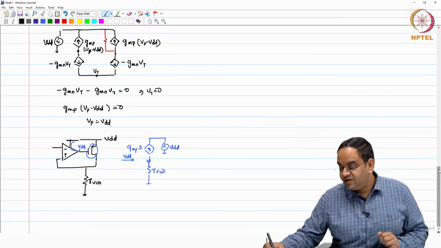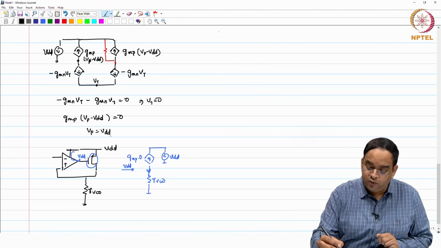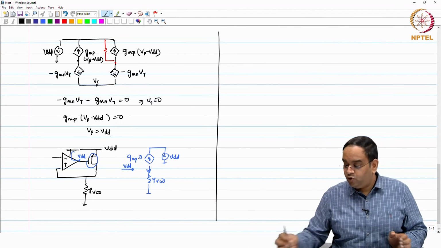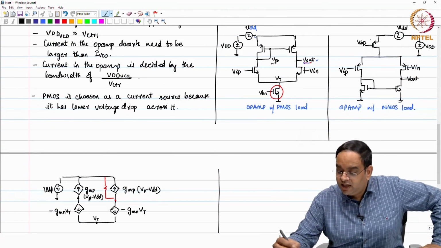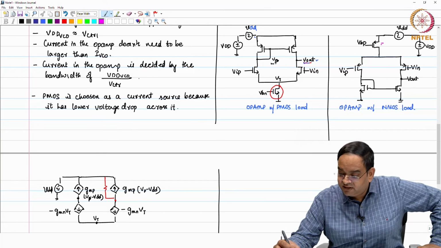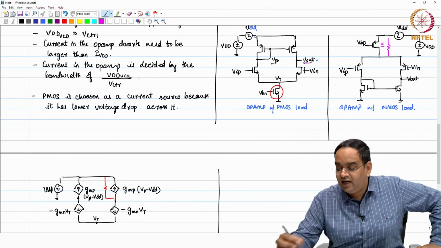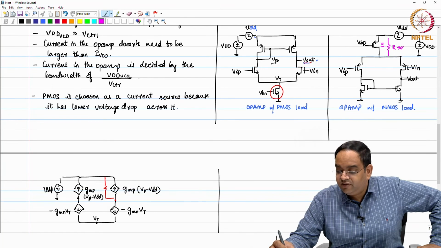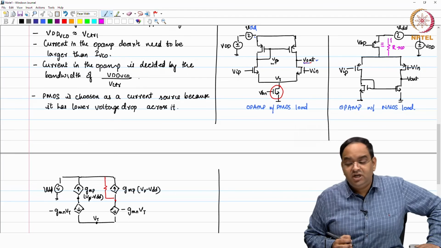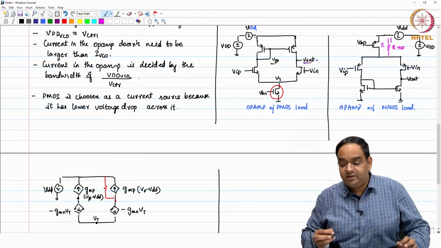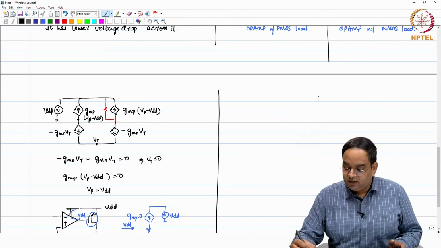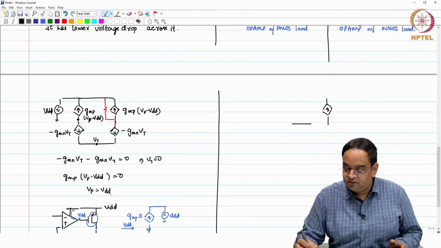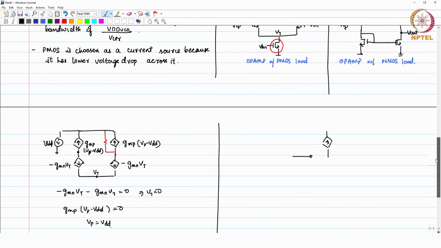Practically there will be some deviation, and so you will see some noise leaks through. Similarly, if you look at the op-amp with Nmos load, assuming that the effective resistance of the current source tends to infinity, then no supply noise comes through the current source. And if no noise comes to the current source and you are looking at the equivalent model of the PMOS load, then what you will see here is the gate voltage, which is V out here.